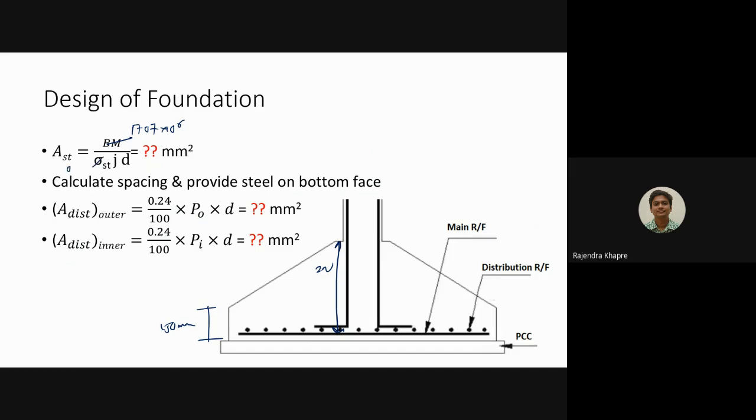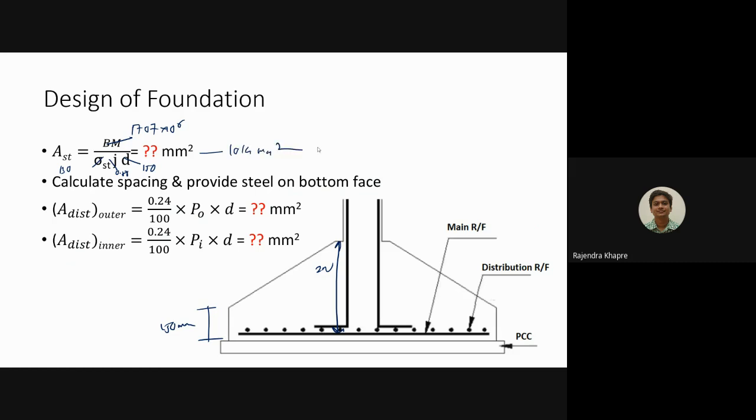This is 130. This is 0.86 J, है ना? 0.86, and d value will be 150, that is 200 minus the cover. How much is the AST? 10.